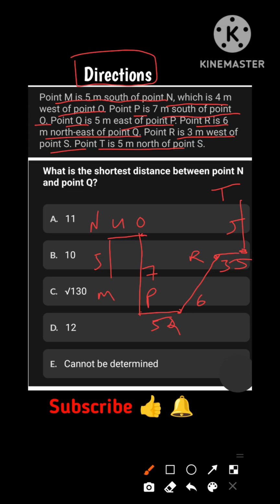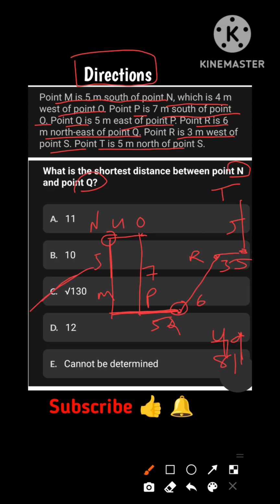Now the question asked is, what is the shortest distance between N and Q? This side is 7 squared, which is 49, and the other distance is 4 plus 5, 9 squared, which is 81. The sum of these two is root over 130. So the answer will be option C, root 130.